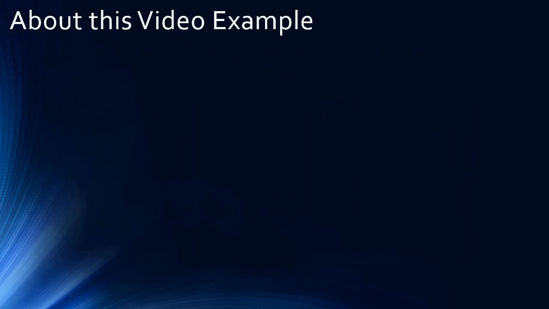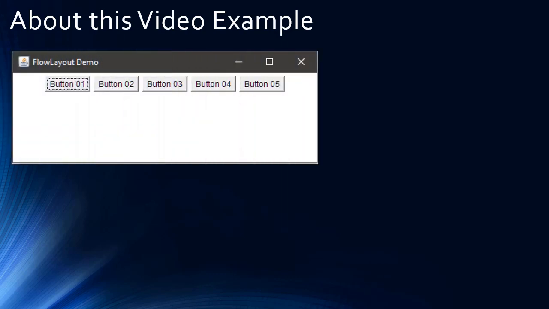Alright, so that's the background of the FlowLayout Manager. Let us talk about the example which we are going to create in this video demo. This is our frame window. Here we are going to lay out 5 buttons using the FlowLayout Manager.